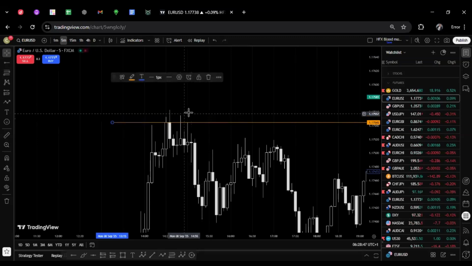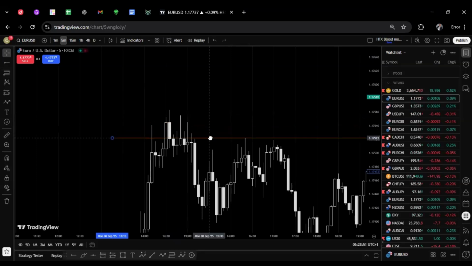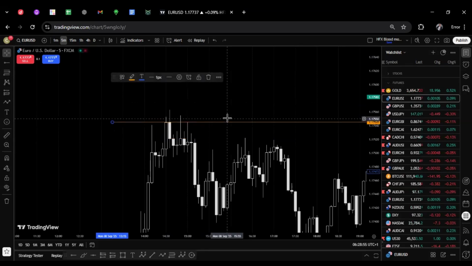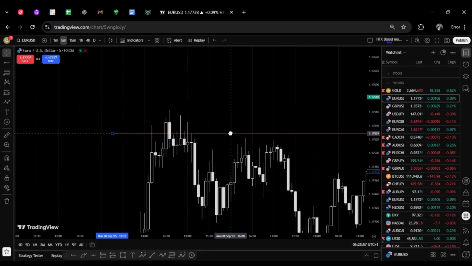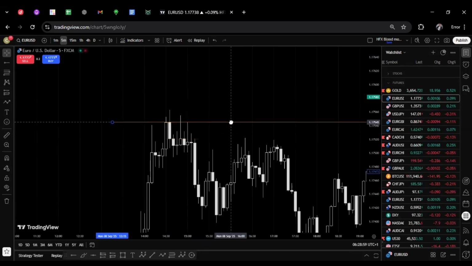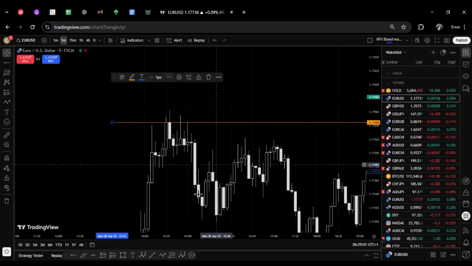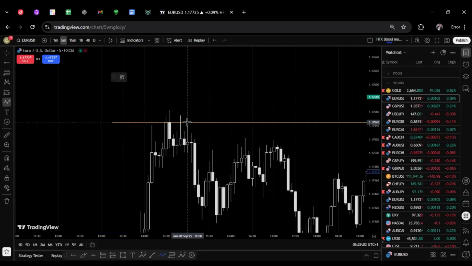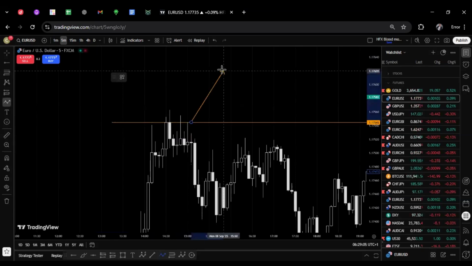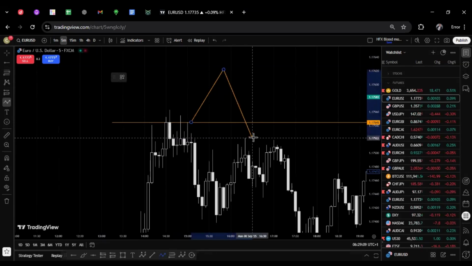So this is actually stronger than just 3 points. The tendency of the market reacting to this area is lower than the market reacting to this one. The market can come here and do something like this. Let's say finally this area was broken, I can just come back and break this as well.